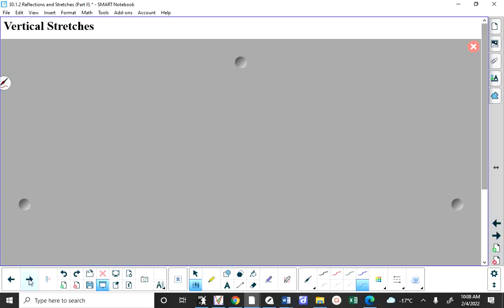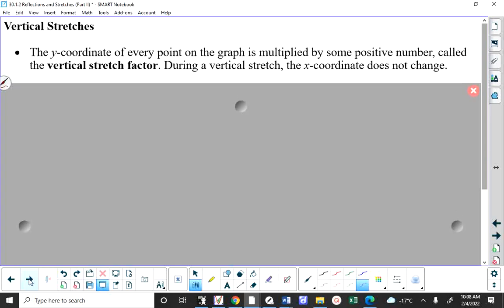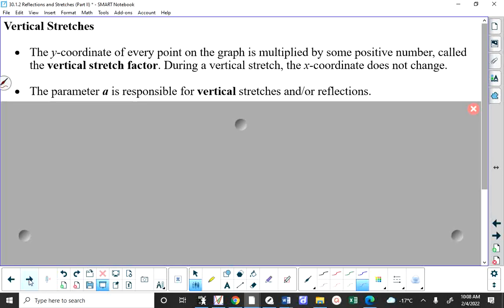So with a vertical stretch, what happens is you take the y coordinate of every point and you multiply it by some number. That number is called the vertical stretch factor. This summary point has to do with the graphs we did on the first page of this lesson. We use a parameter called A for vertical stretches and or reflections.